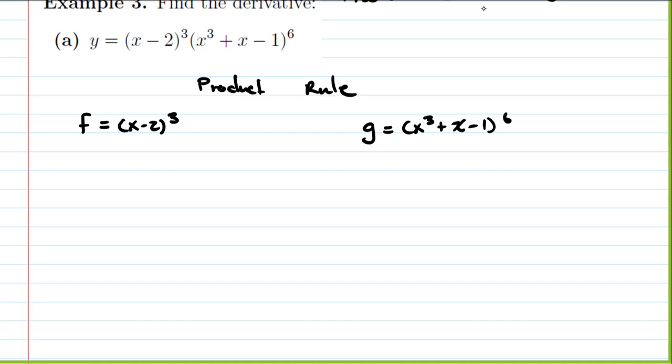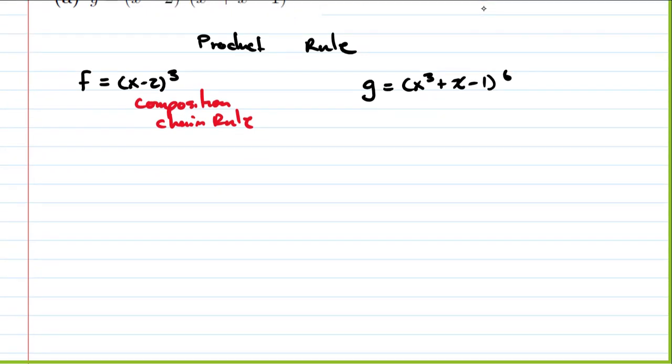And now I need to find f prime. But what I'm going to notice is that this is function composition, so I'm going to have to push in a level. We have to use the chain rule.